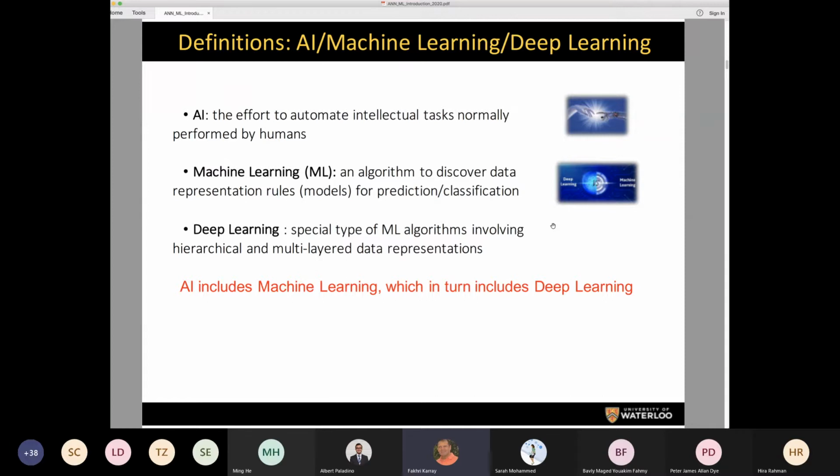Deep learning at that time was related to developing connectionist model structures that have several layers of processing. And nowadays it has come to denote a special type of machine learning algorithms. It is a set of machine learning algorithms which involve hierarchical and multi-layered data representations.